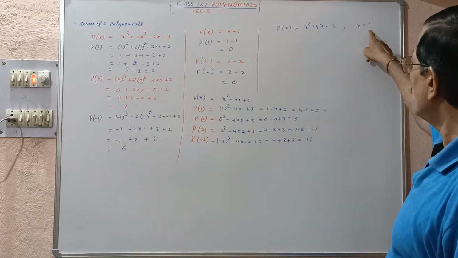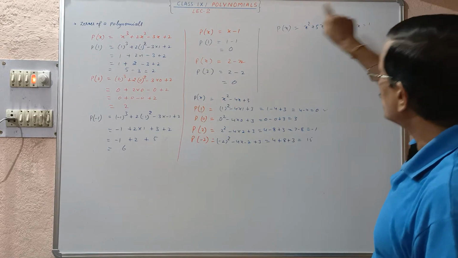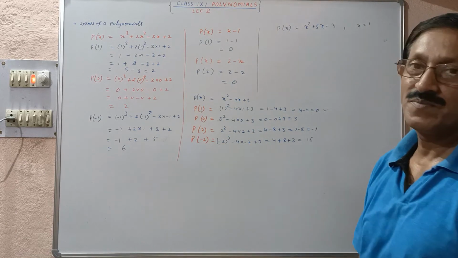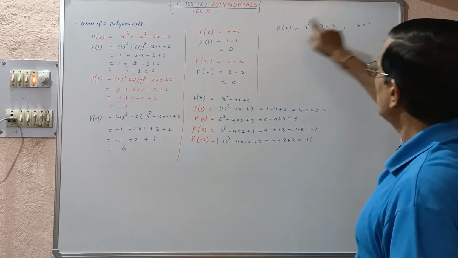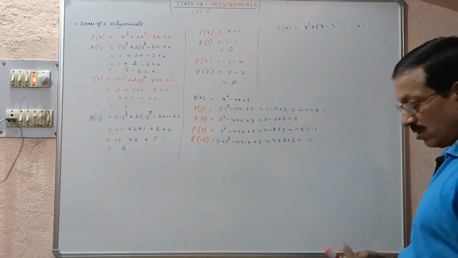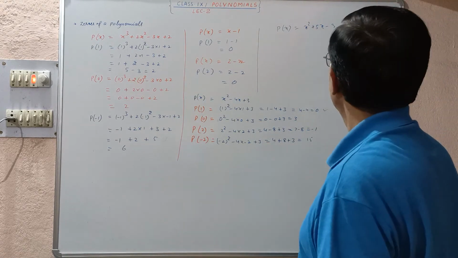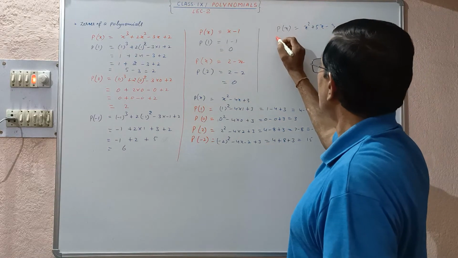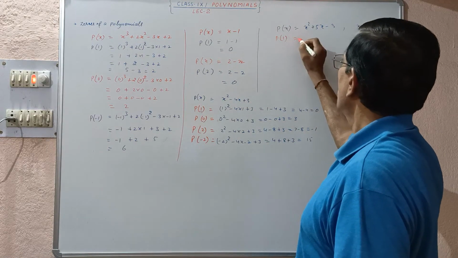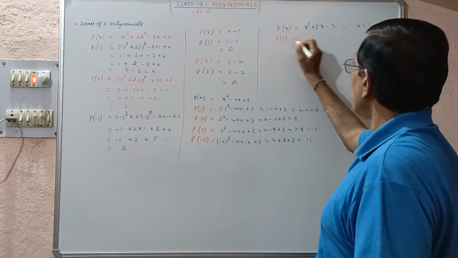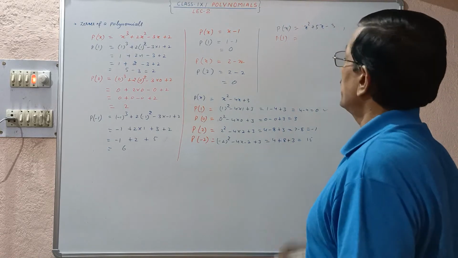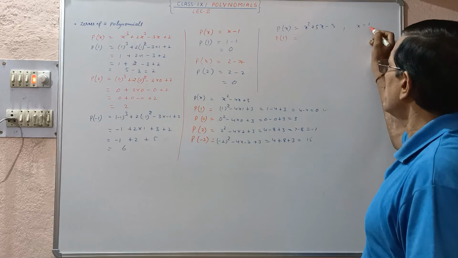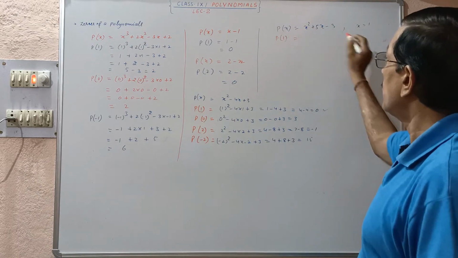Is this value x equal to 1 a zero of this polynomial? What do we do for this? We find p(1). If the value of p(1) is 0, then we can say x equal to 1 is the zero of this polynomial.